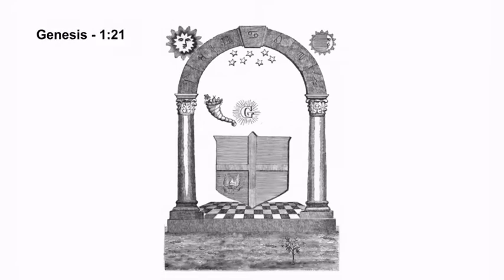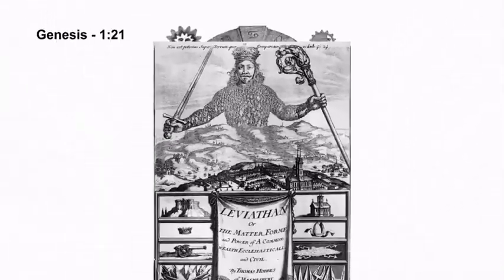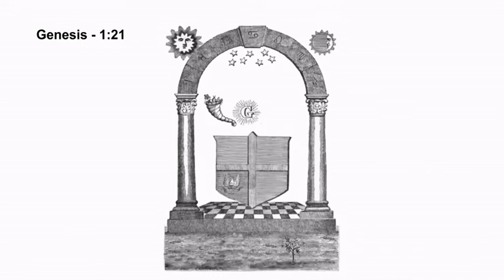And God created great whales, and every living creature that moveth, which the waters brought forth abundantly after their kind, and every winged fowl after his kind. And God saw that it was good. And God blessed them, saying, "Be fruitful, and multiply, and fill the waters and the seas, and let fowl multiply in the earth." And the evening and the morning were the fifth day.